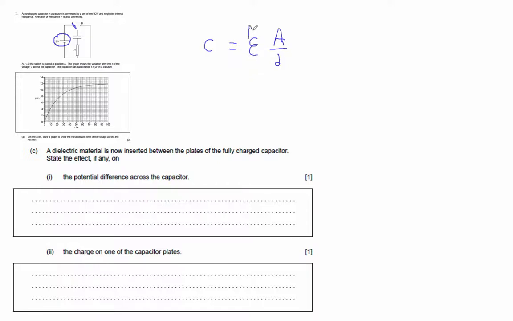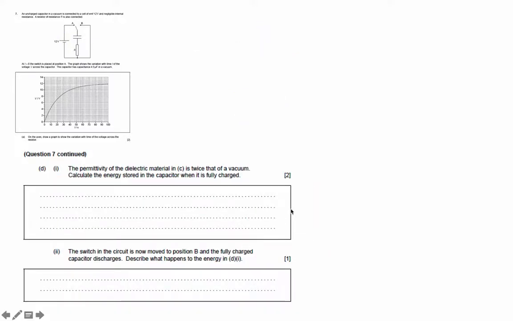So if this increases, then the capacitance increases. And then Q is CV, so if the capacitance increases, then Q increases. There's only one mark though. That seems like a lot to say for one mark. I guess you just state it, we don't have to back it up.